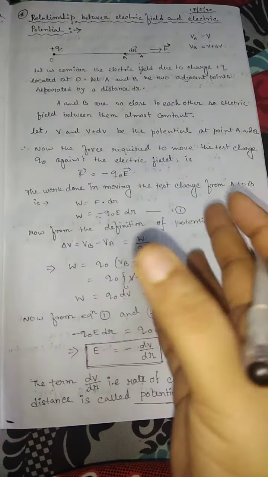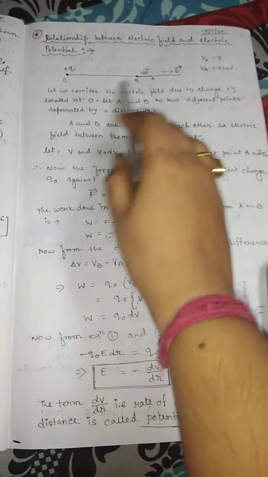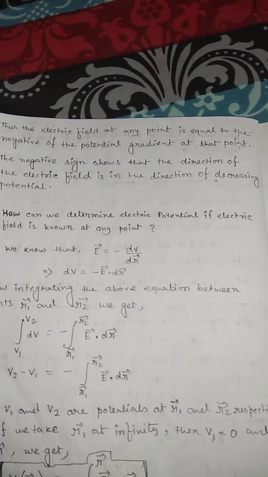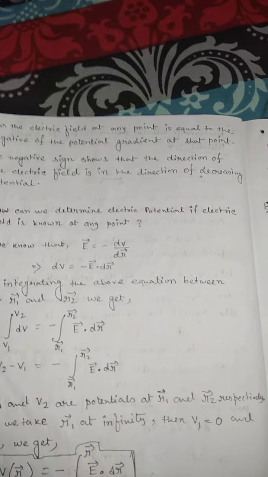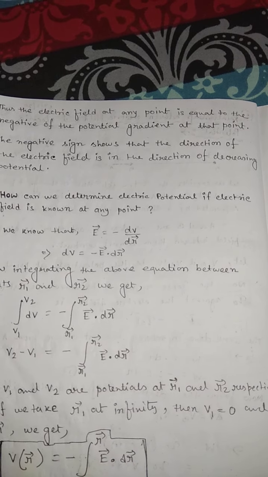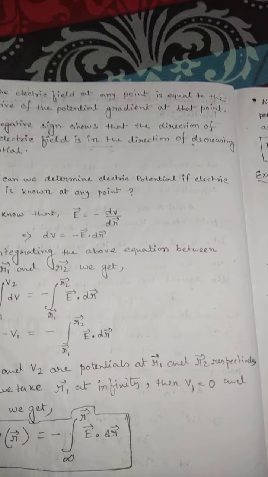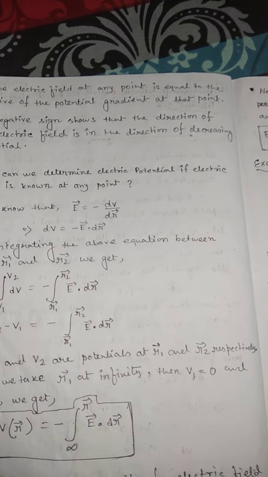Both are in opposite directions, because the electric field is this side and the potential decreases this side. That's why we use the negative sign. Okay, so thus the electric field at any point is equal to the negative of the potential gradient at that point, and the negative sign shows the direction of the electric field is in the direction of decreasing potential.